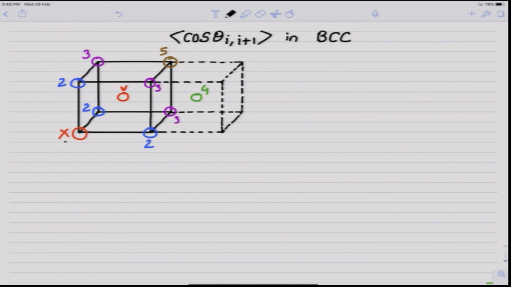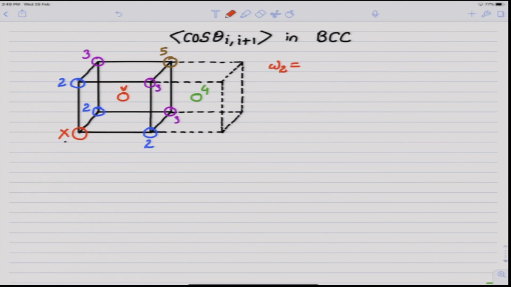Now, there are 8 nearest neighbors for the vacancy, which all lie on 8 corners of this cube. One of them is of course the tag datum X, and the frequency of exchange of a vacancy with the tag datum is defined as omega 2.